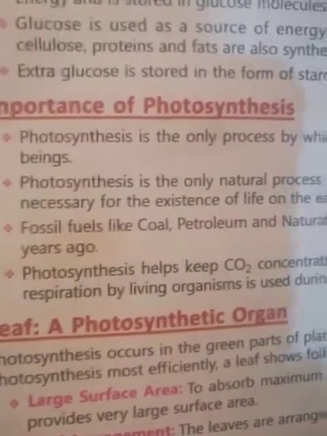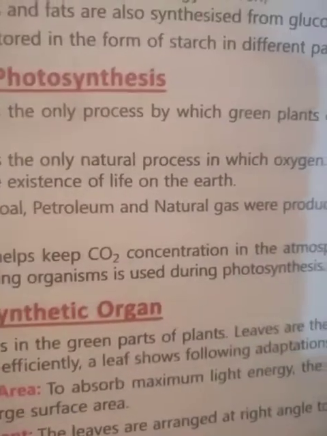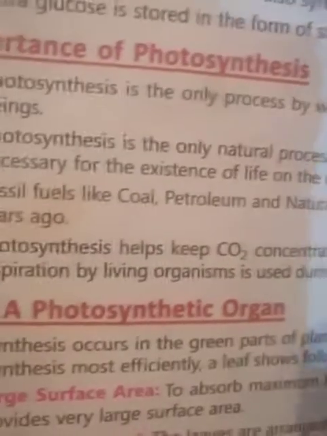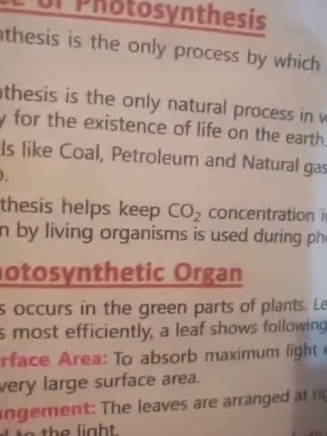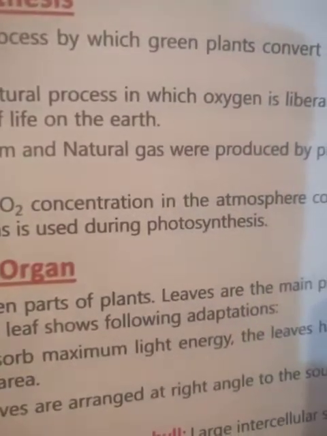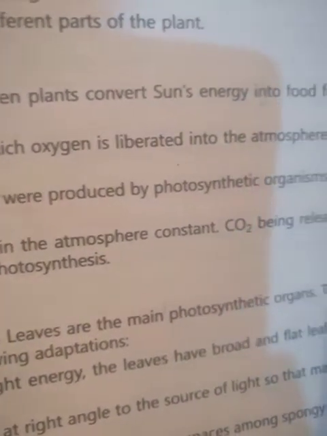Let us see here. Fossil fuels like coal, petroleum and natural gas were produced by photosynthetic organisms millions of years ago. Photosynthesis helps keep the CO2 concentration in the atmosphere constant.